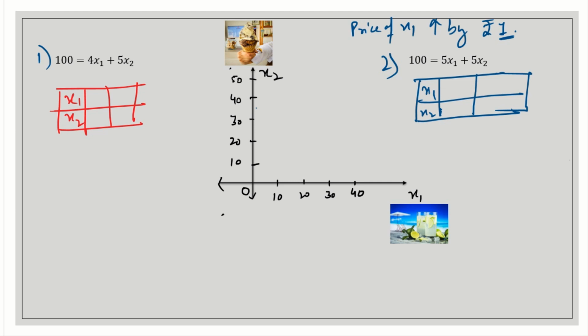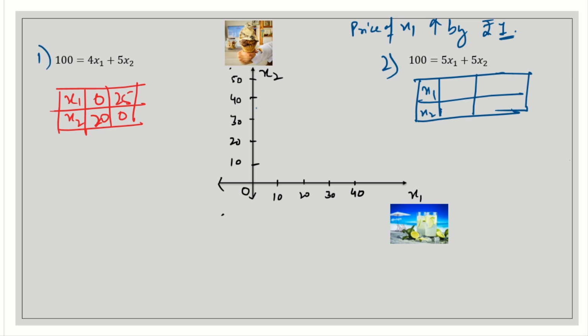So first of all let's talk about the first case. For x1 equals 0, we get the intersection for x2 at 20. For x2 equals 0, we get the intersection at 25, right?